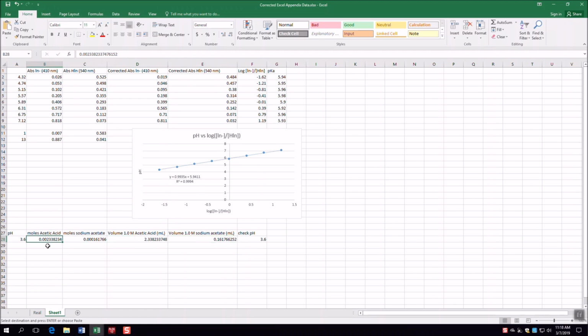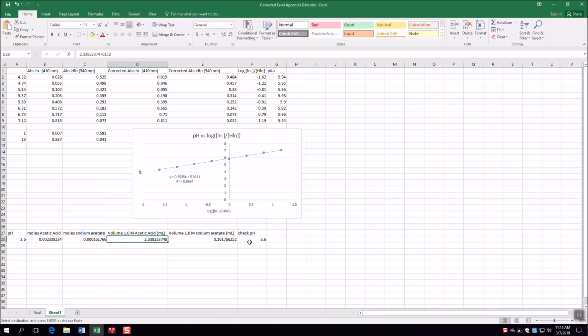So we need 0.002341 or so moles of acetic acid and 1.61 times 10 to the minus 4 moles of sodium acetate, which means that in a 25 milliliter volumetric flask, I need 2.34 milliliters of the 1 molar acetic acid and 0.162 milliliters of the 1 molar sodium acetate.